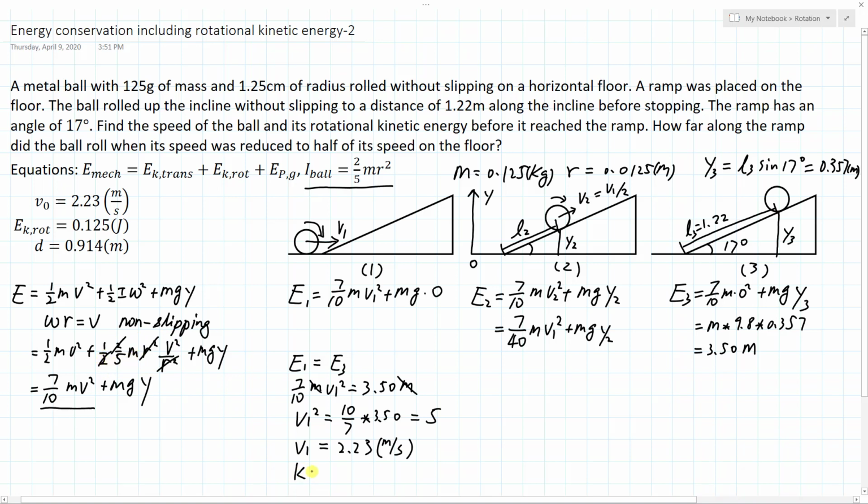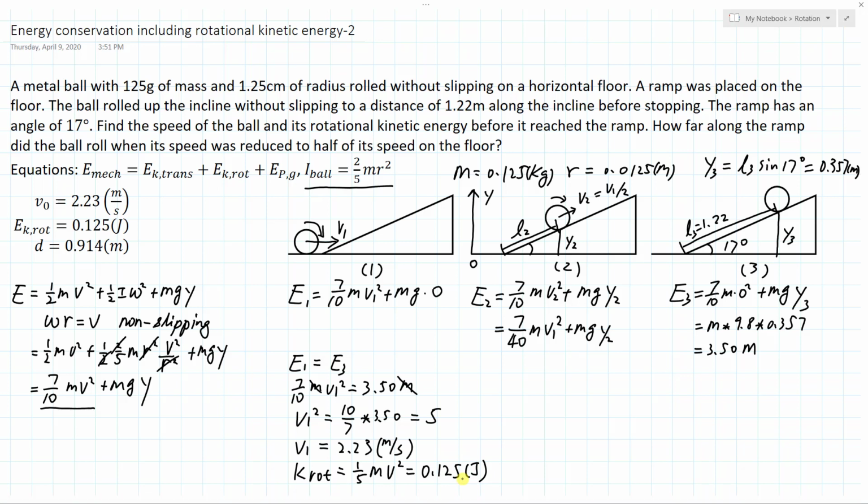So K rotational is 1/5 mv squared, and at this point I can plug it in because v squared is 5, that divides out the 1/5, and I just have this m, which is equal to 0.125. But now units have changed into joules. Alright, so that answers the first question.